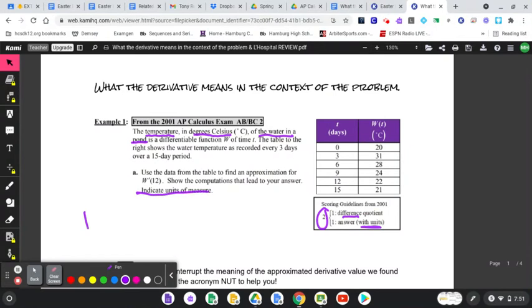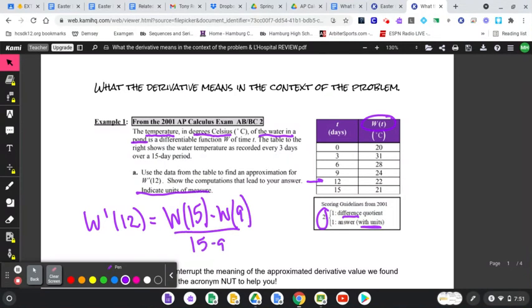So W prime of 12 is pretty straightforward. We've done this a million times, I think. I want the slope at 12, so this is W, I want W prime. We are always picking the two numbers that surround it, even if it's on the table. So I'm going to do W of 15 minus W of 9 all over 15 minus 9. Now, the other thing I'm going to do is write the units down so I don't lose that right away.